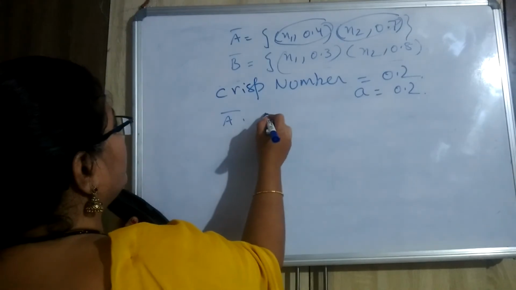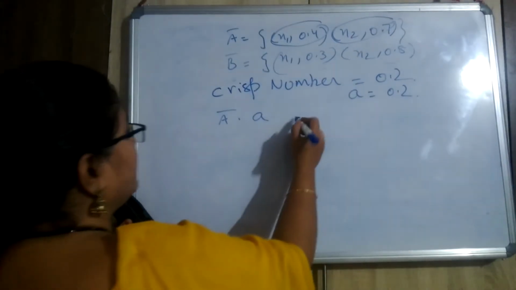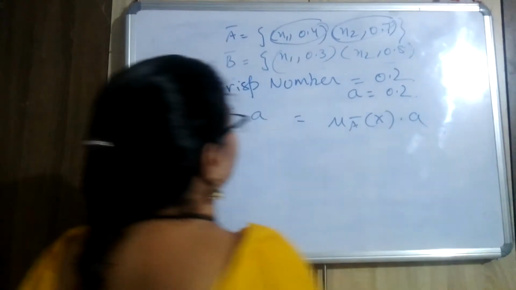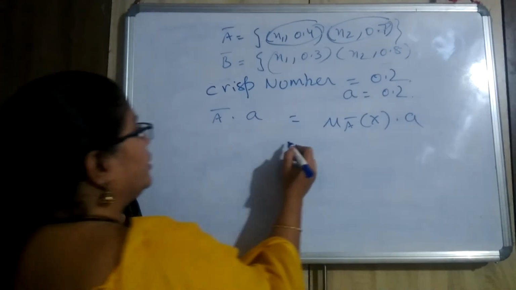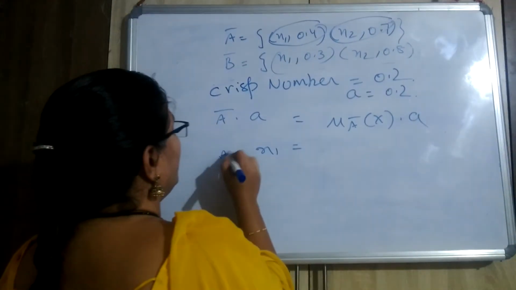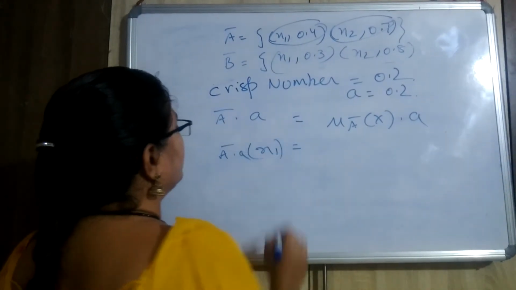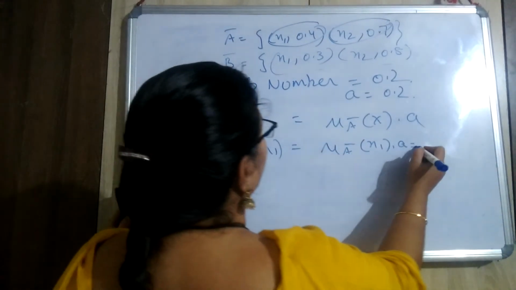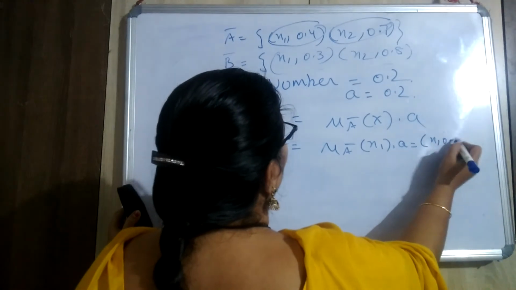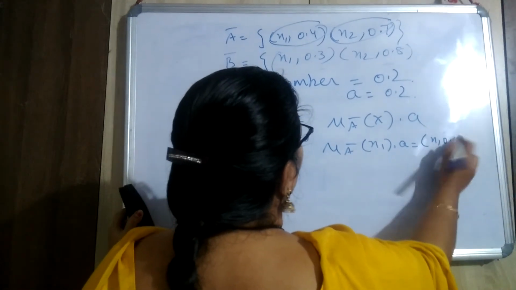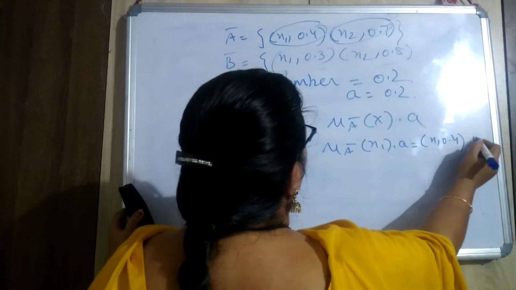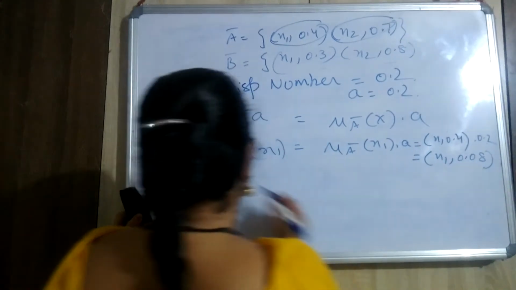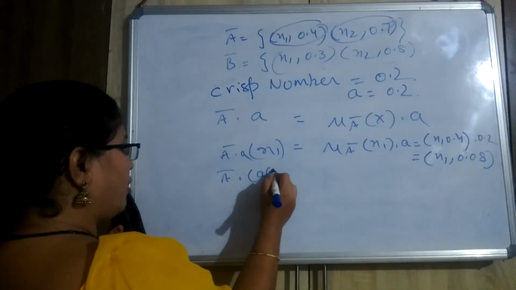So A bar dot A we are multiplying, that is equal to mu A bar of x into A. First of all we are taking x1. So A bar dot A at x1 is mu A bar of x1 dot A, that is equal to x1 comma 0.4 into 0.2. So what is the value? x1 comma 0.08.